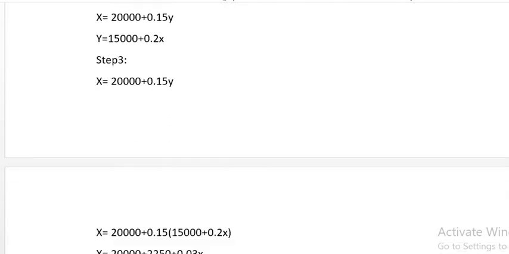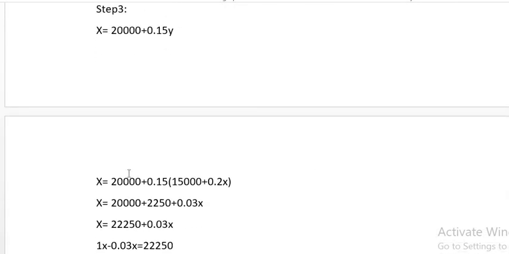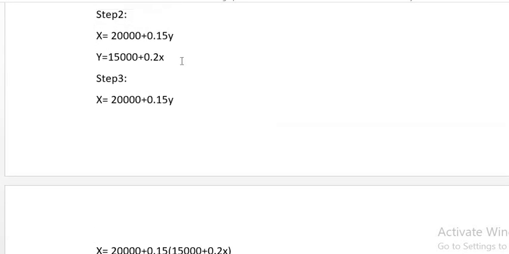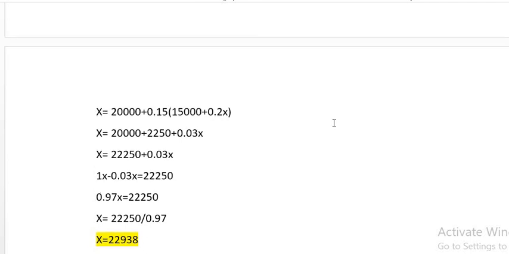Now we have to simplify this equation. X is equal to 20,000 plus 0.15 times Y, so we write the Y value. Y is 15,000 plus 0.2X.